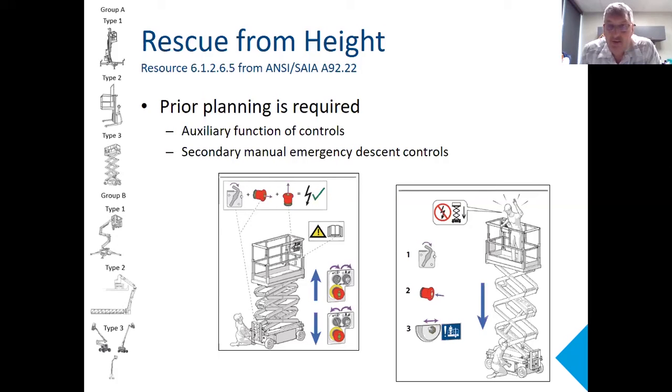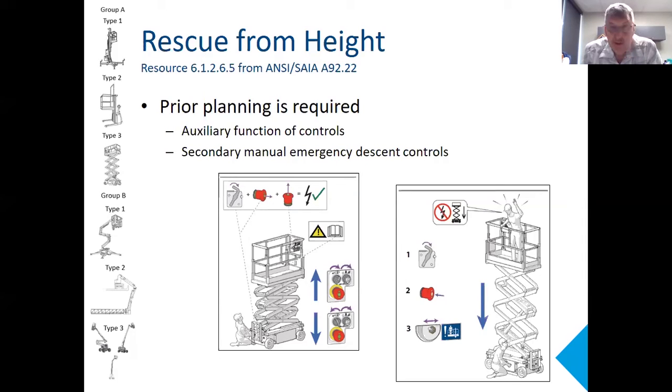I don't have that answer 100%, but our consensus with instructors is to ensure that the operators, supervisors, and occupants know how to lower or move the platform in an emergency, both by the platform and ground controls. So again, at the minimum, that's what ANSI states: people on the ground, anybody that's going to be around there, needs to know how to lower that.